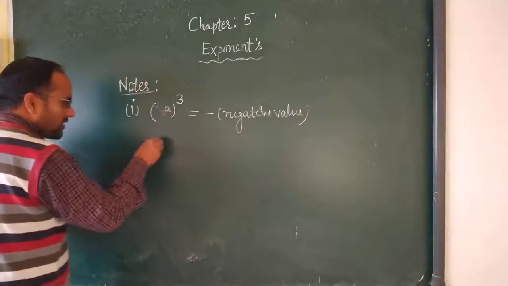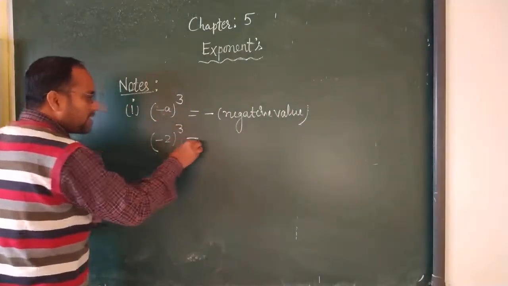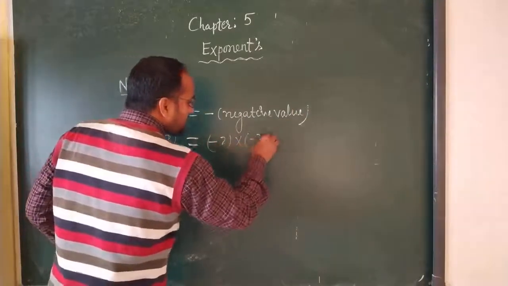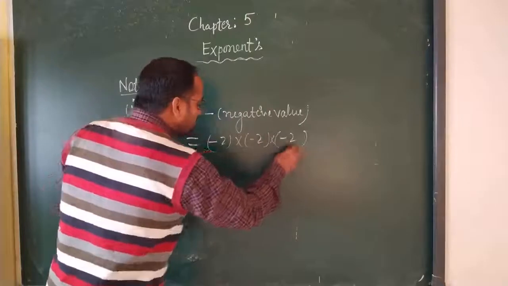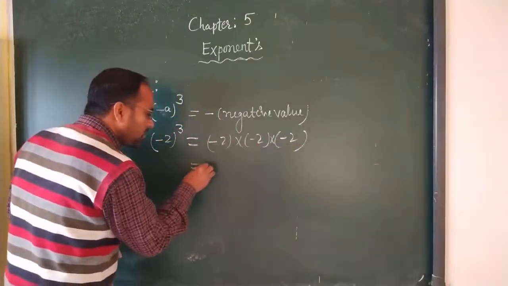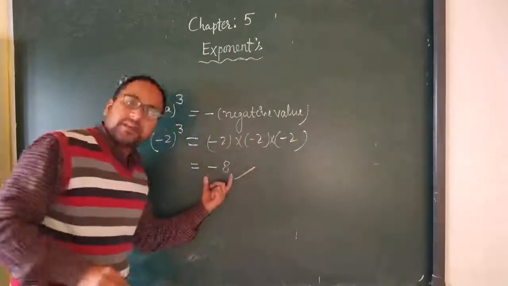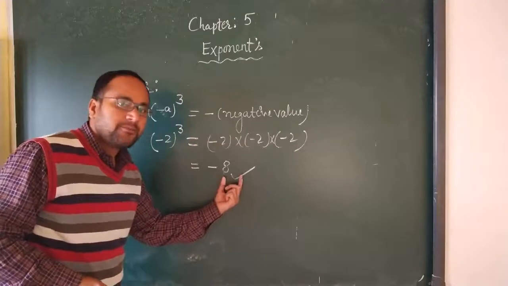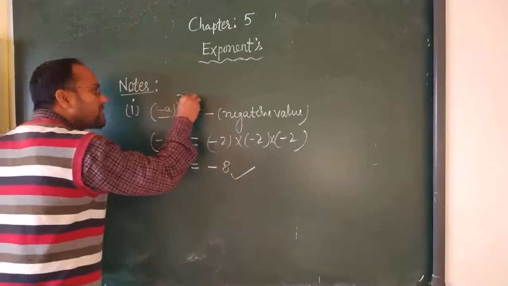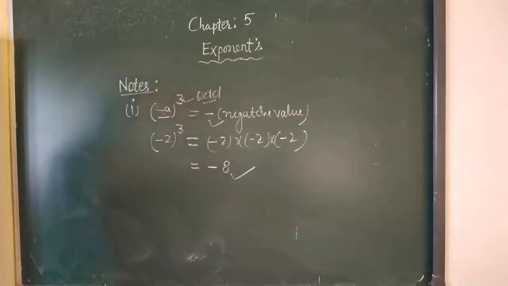I will show you this one: minus 2 to the power 3. 3 is an odd number, so minus 2 is multiplied 3 times. Minus into minus is plus, and plus into minus, you always get minus. 2 twos are 4, 4 twos are 8. So your answer is negative, and it is minus 8.